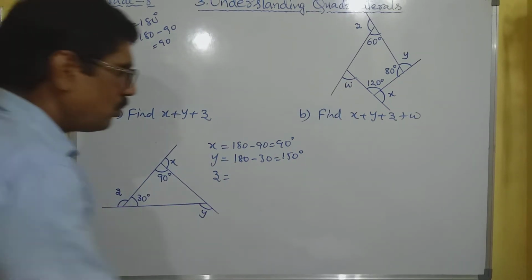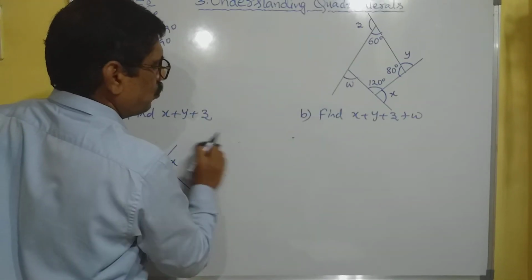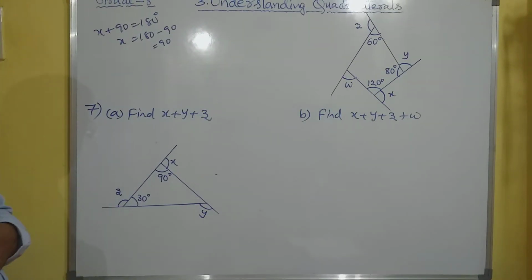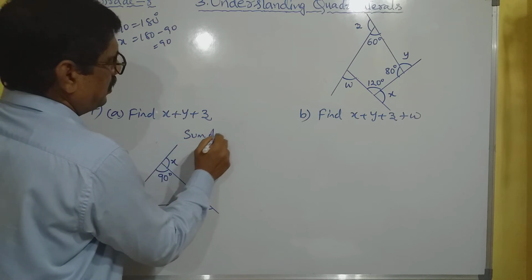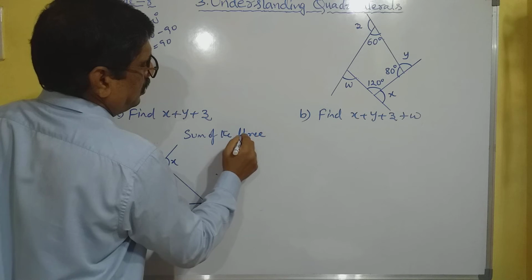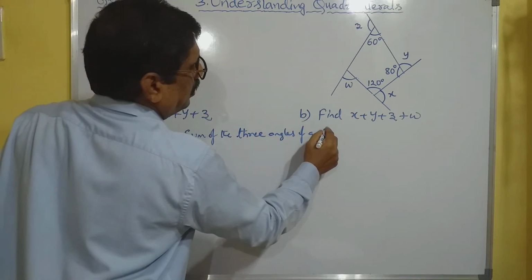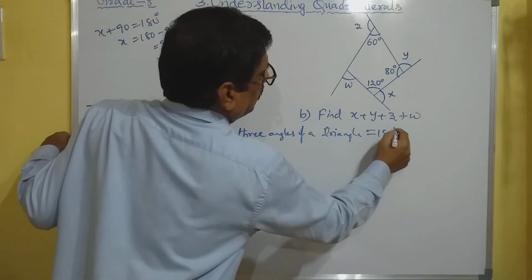Actually, before doing this, let us do one thing. What is the sum of the three angles of a triangle? The sum of the three angles of a triangle is equal to 180 degrees.